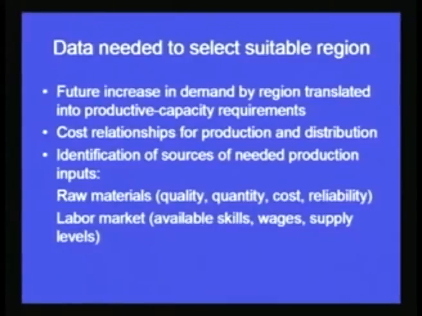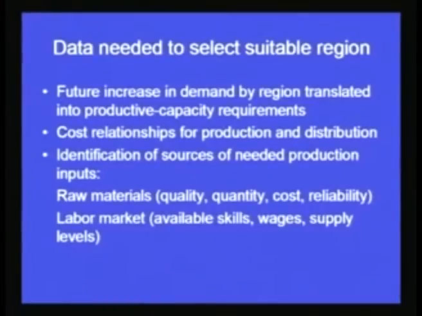So we want to minimize the cost of the product to be competitive in the market. So we have to take into account the prevailing wages. We may choose an area where the wages are less, or we have to pay less wages to get similar kind of work done. And then the supply levels are also very, very important. So skills, the money we have to pay, and the adequacy or supply of the labor are very, very important.